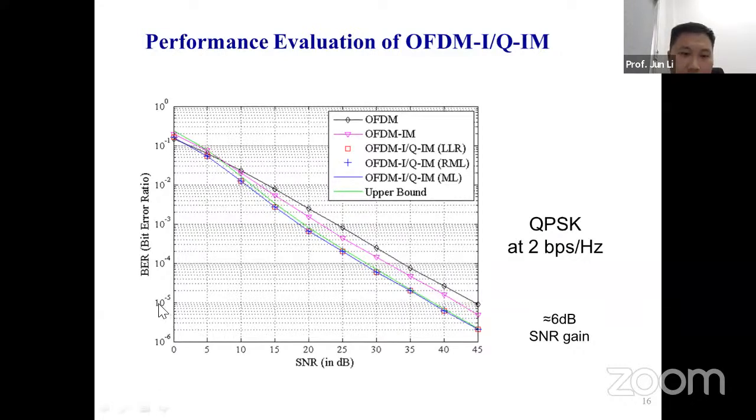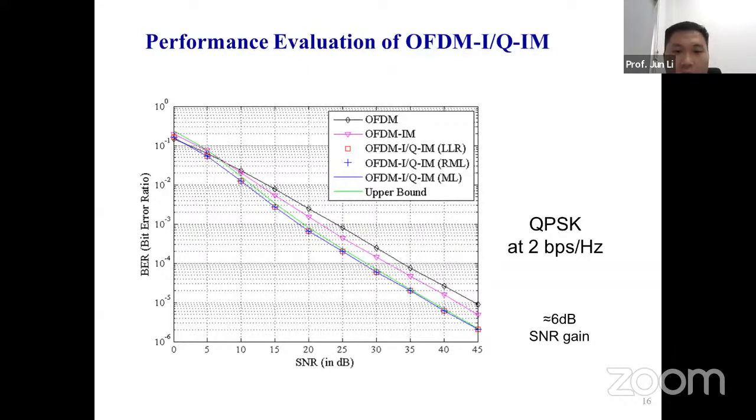At a BER of 10 to the power minus 5, it has almost 6 dB gain over the conventional OFDM, and almost 3 dB gain compared to the OFDM-IM. This is because the OFDM-IQ-IM selects 2 times the subcarriers, right?